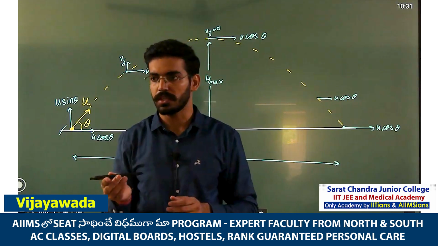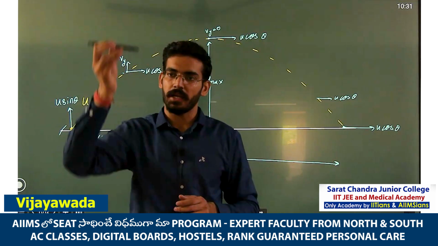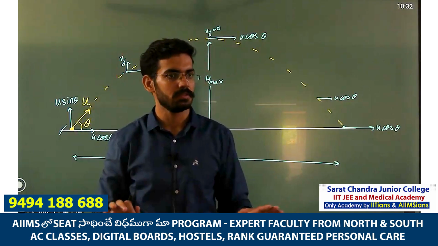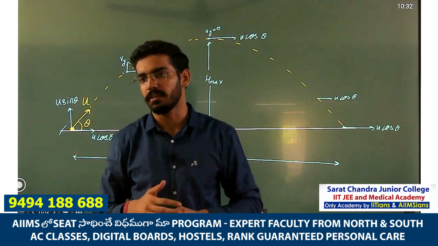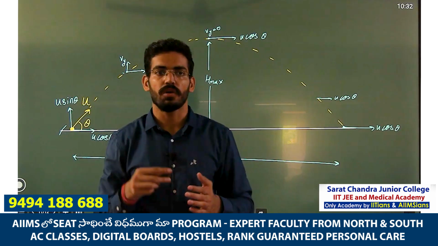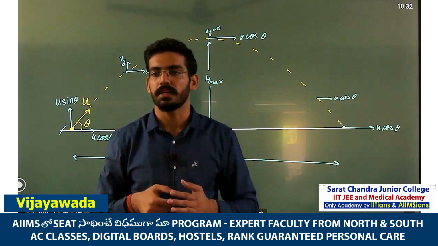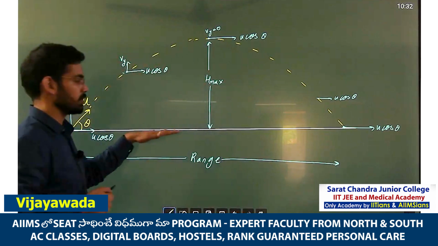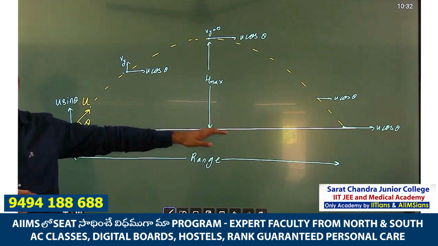But if I talk about u sin theta, it says I am going to a height, and when my height becomes again 0, that is the point when motion ended, right? So this vertical direction is deciding when the motion is ending. So that's why you always calculate time of flight in the vertical direction, or you call it the direction perpendicular to the plane of the surface. When the inclined plane comes, that time it will be different, right?